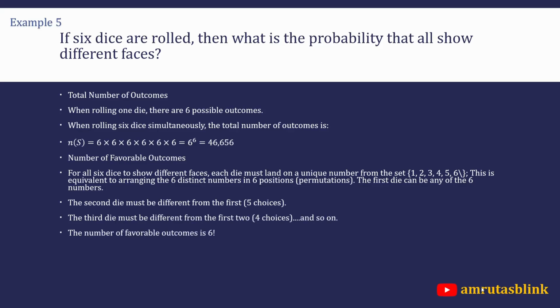That's why the number of favorable outcomes here is 6 into 5 into 4 into 3 into 2 into 1, that means 6 factorial. So n of A is equal to 6 factorial, which is equal to 720. And hence probability of A is equal to n of A upon n of S, which is equal to 720 upon 46,656. When we simplify this, we get 5 upon 324.